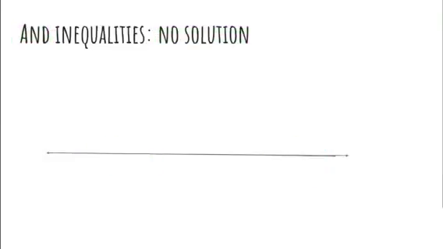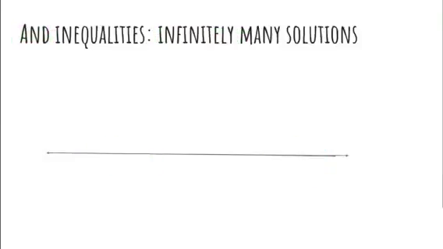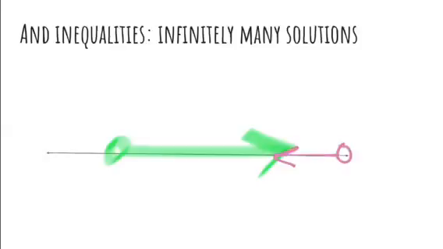Let's look at our next type, infinitely many solutions. Inequalities only go in one direction. So if I had an arrow going here and perhaps one going in this direction, the overlap would be between them. So that is not infinitely many solutions. So let's try a different situation.